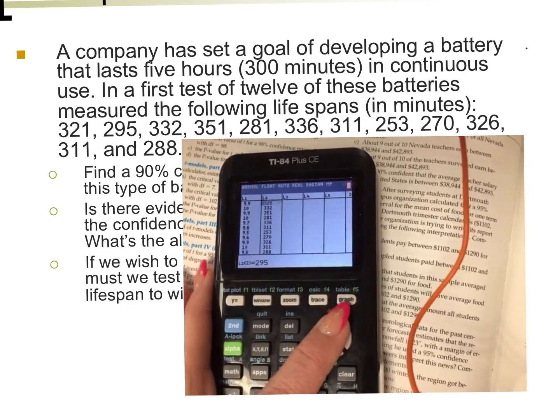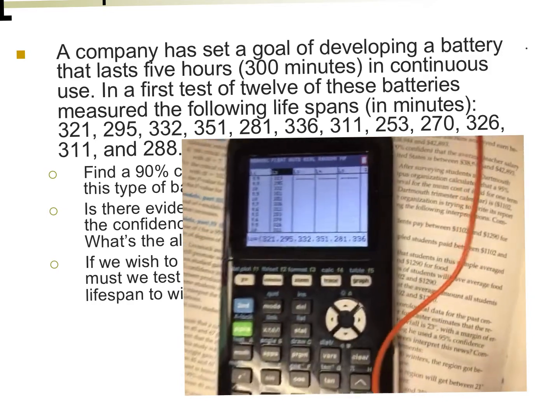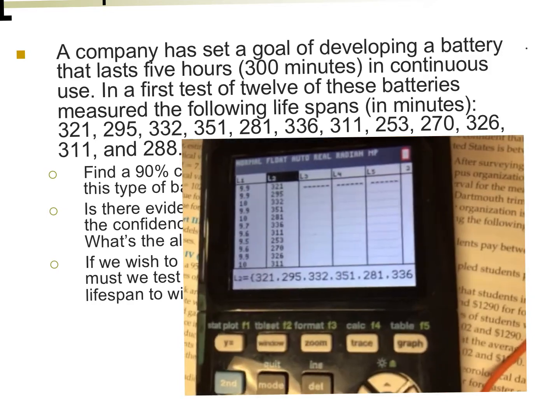All right, so you should have 12 values in your list. Whether it's list 1 or 2 does not really matter.